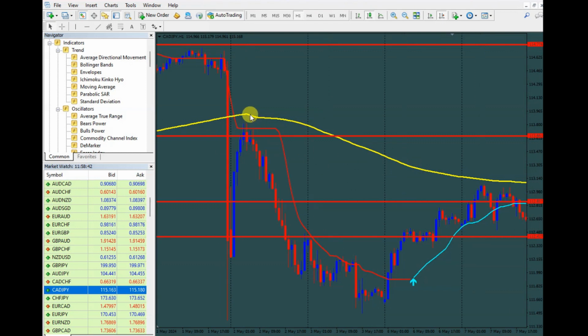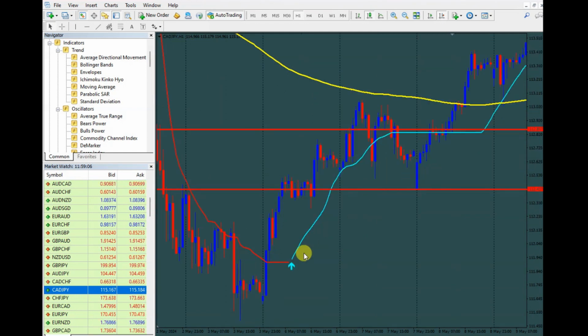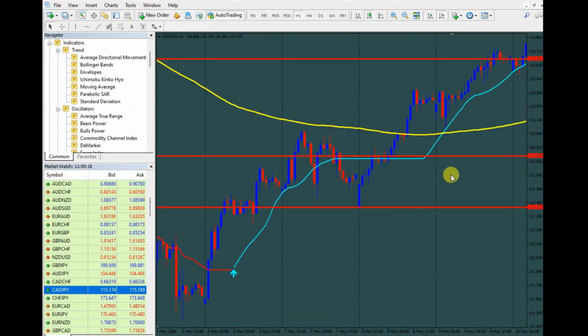Now price is below the 200 moving average, so we wait to see if we are going to get an opposite signal which will confirm a sell trade. But now we get another opposite signal, but the price is still below the 200-day moving average. So we cannot enter any trade at this point.